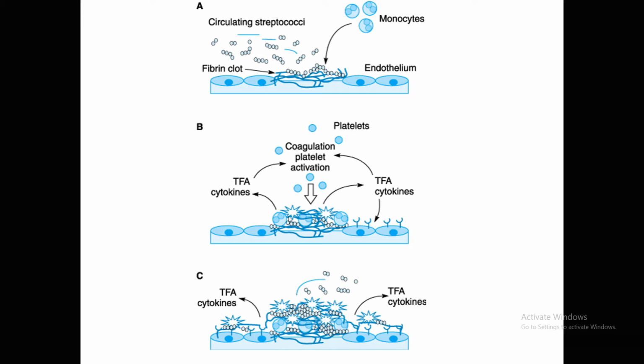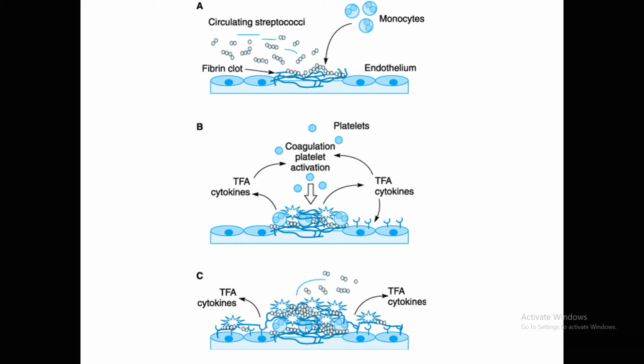Growth and enlargement of the infected vegetation and activation of an inflammatory process on the surface. The infected vegetation will continue to grow during the duration of the bacteremia. Thus, long-term treatment will be necessary, 4, 5 to 6 weeks, for effective treatment with antibiotics of the infected vegetation.